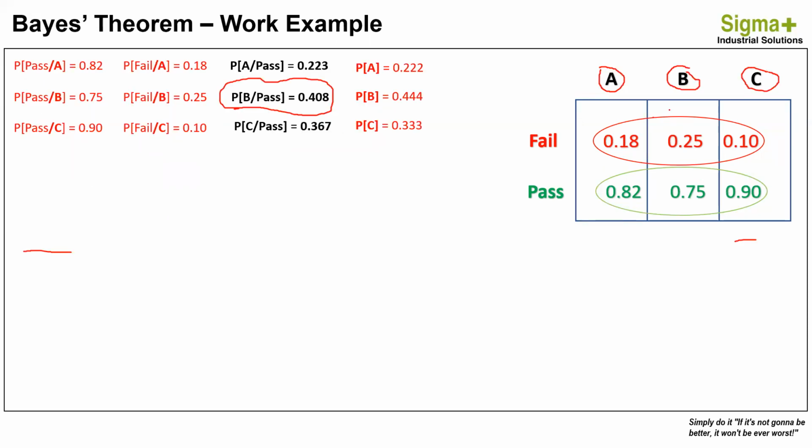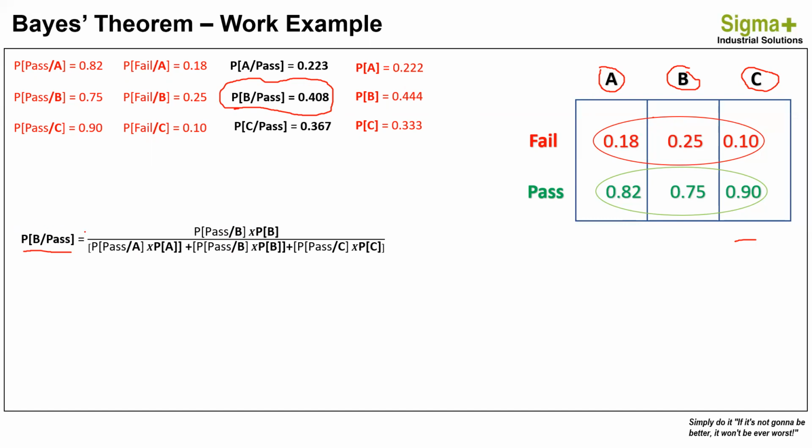But suppose in certain conditions you don't have those numbers, and you still need to find the probability of B subjected to the condition that the product is a pass. Now we can calculate those probabilities by utilizing the Bayes theorem.